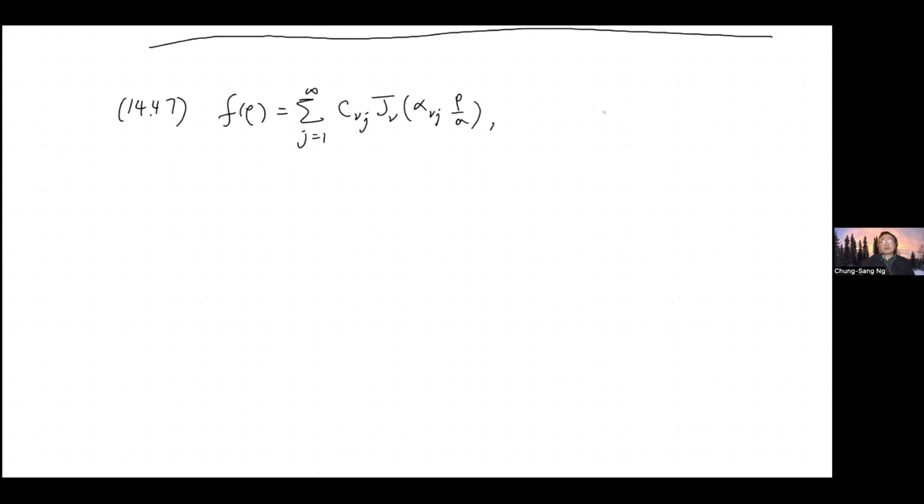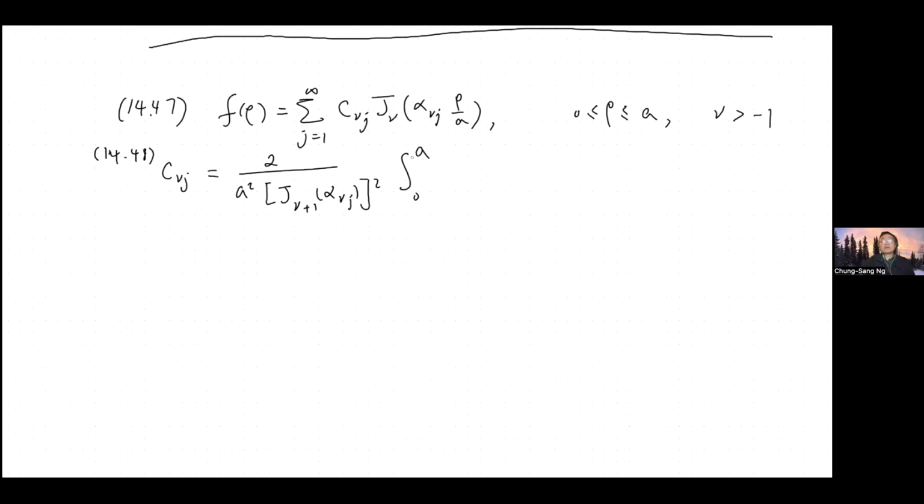And this is for rho within 0 and a, and there's a restriction nu greater than -1, and the coefficients c sub nu j are given by equation 14.48, where we have 2 over a squared, J nu plus 1 of alpha nu j squared, and the integration from 0 to a of this function at rho multiplied by the same vector, J nu of alpha nu j rho over a, and multiplied by rho d rho.